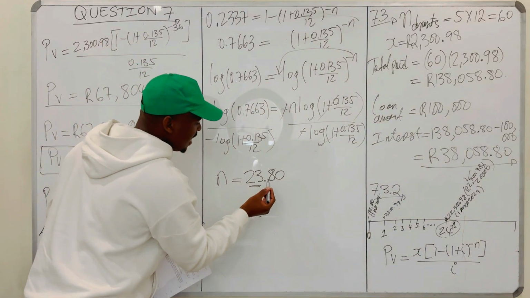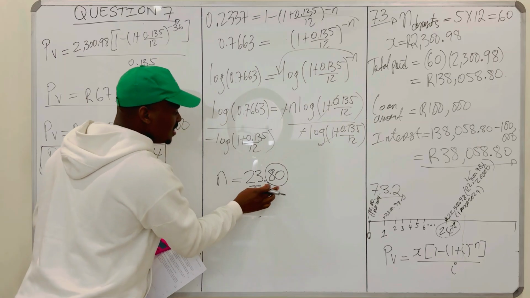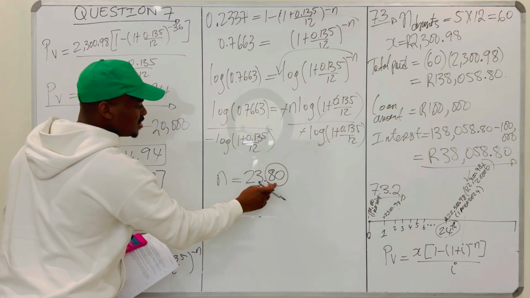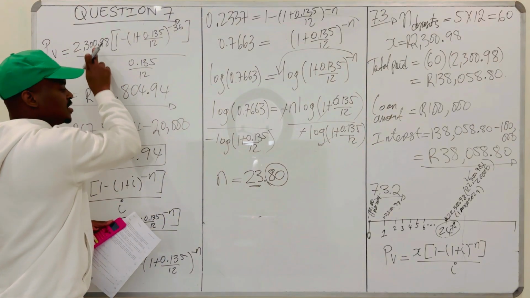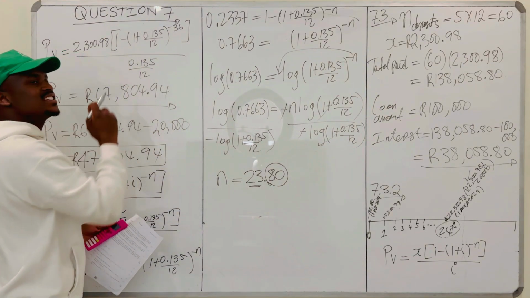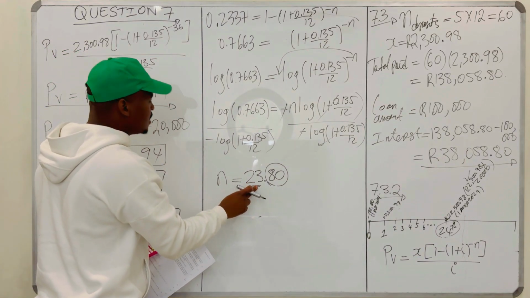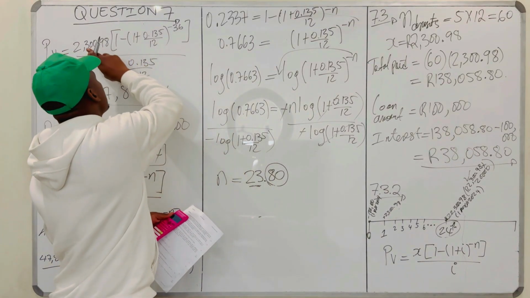And then, on top of that, the last one will be only 80% of this one. So this part is only a proportion of this. So the total number of payments that have to be made is these 23 full payments and that 80% proportion of one more.